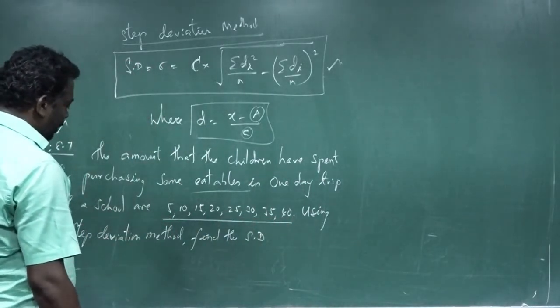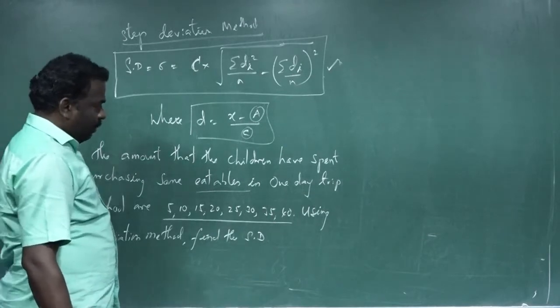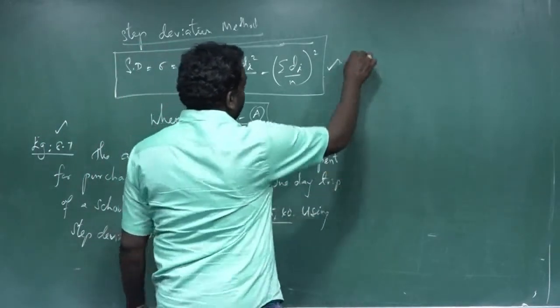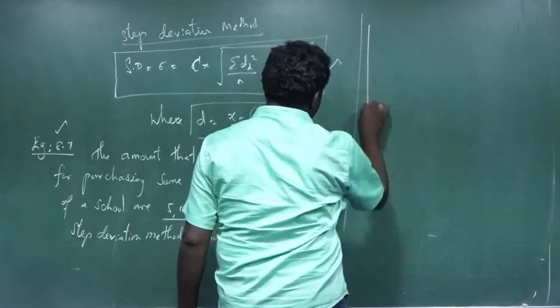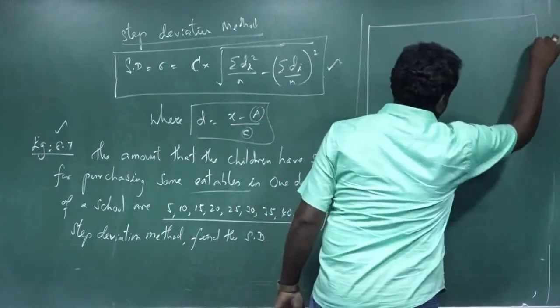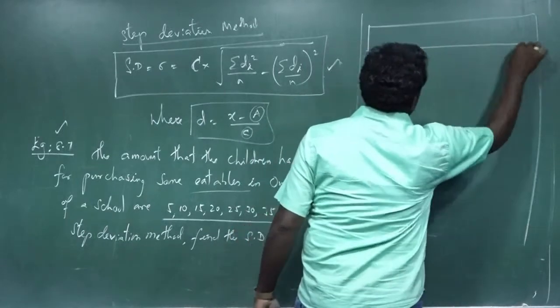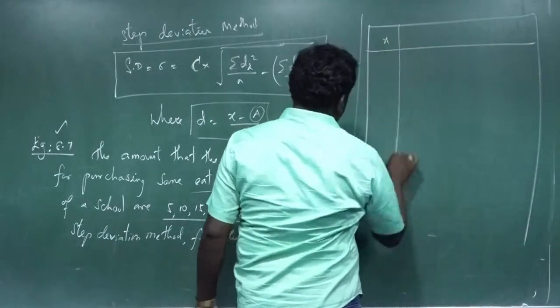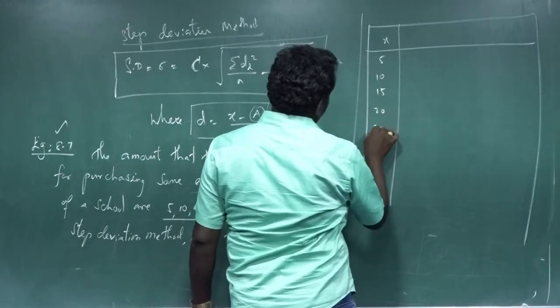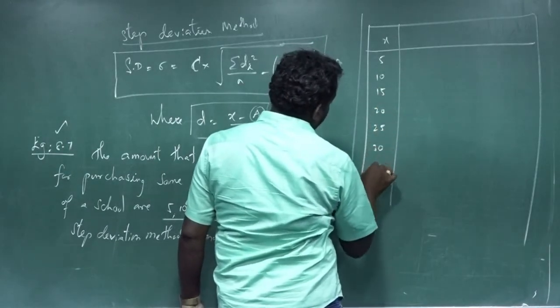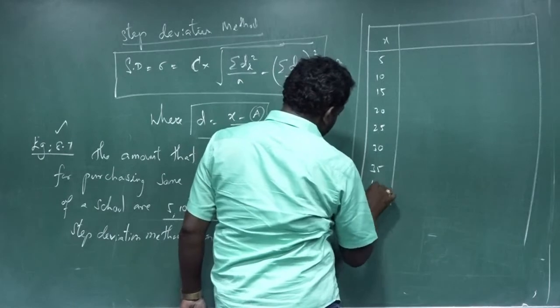Find the standard deviation for the given data by applying the step deviation method. So now first we have to form the table. The x values given are 5, 10, 15, 20, 25, 30, 35, 40.